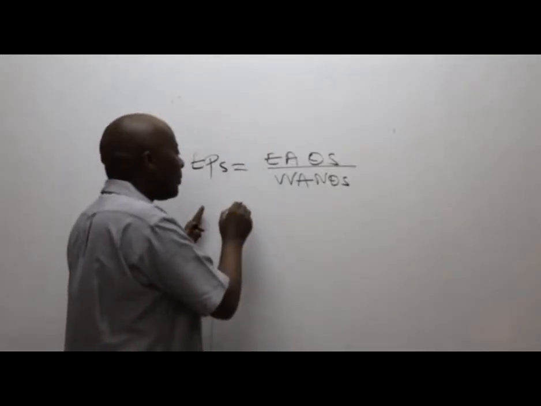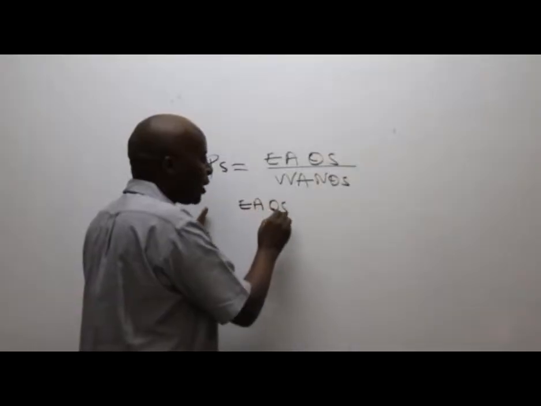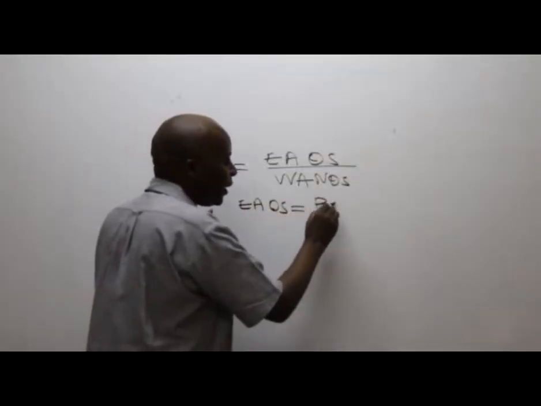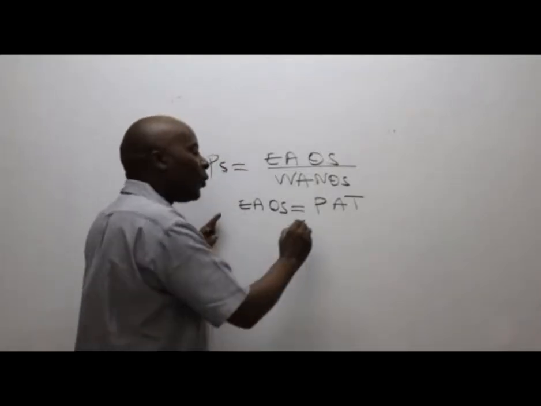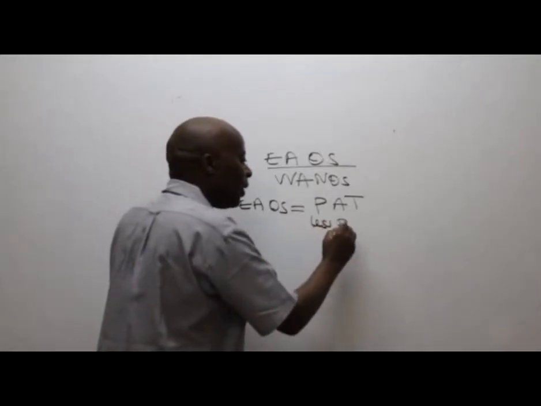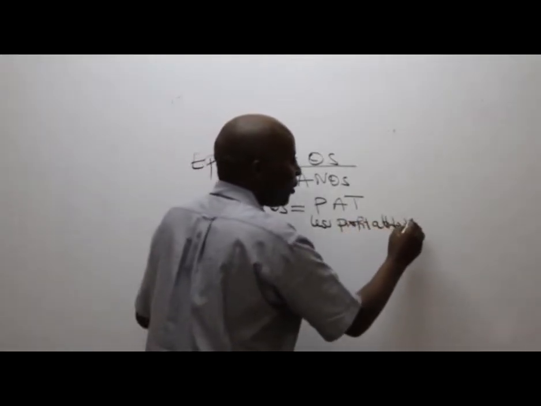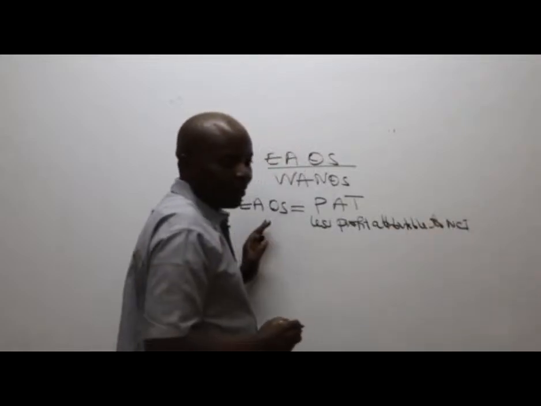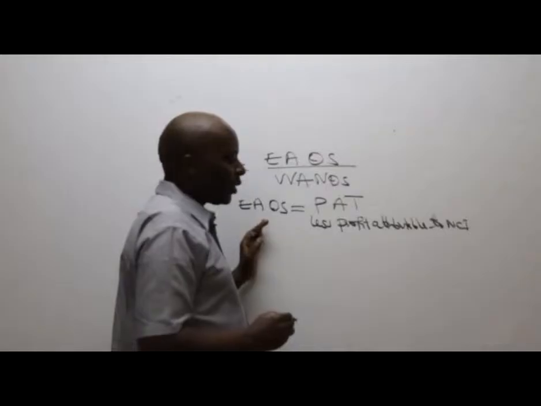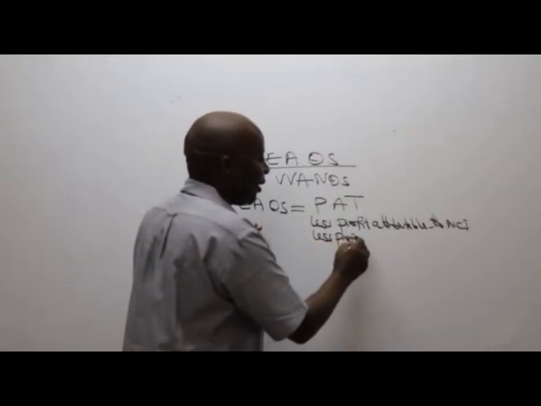So please come here. How do we get our earnings attributable to ordinary shareholders? This is very easy. We normally take profit after tax, and then we less profit attributable to NCI, and then of course we come under, less preference dividends.